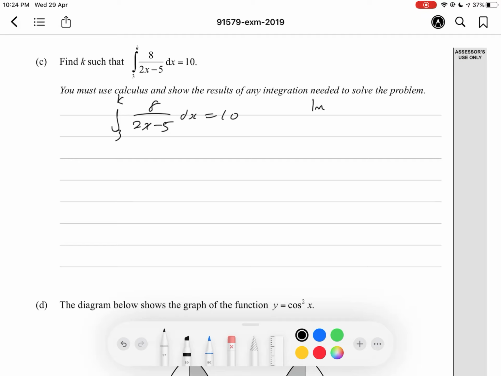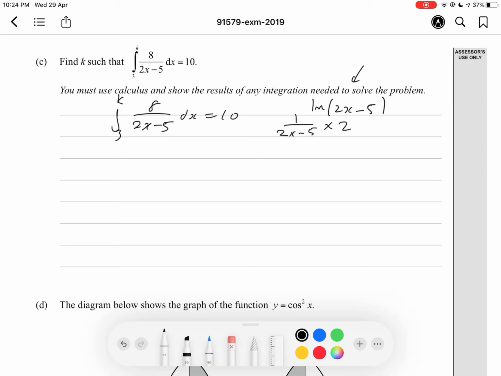So when we have an ln of a function, for example ln of 2x minus 5, when we differentiate this, we get the derivative of the inner function multiplied by the derivative of the ln function. The derivative of the ln function gives 1 over 2x minus 5, and you have to multiply by the derivative of the inner function, which in this case is 2.